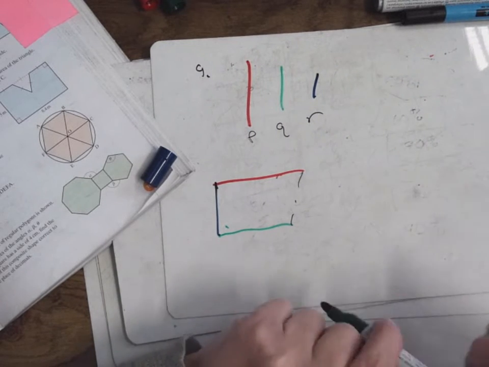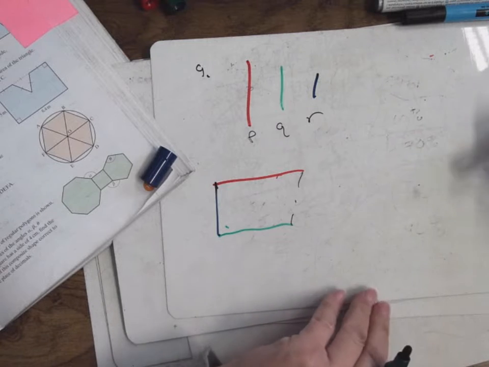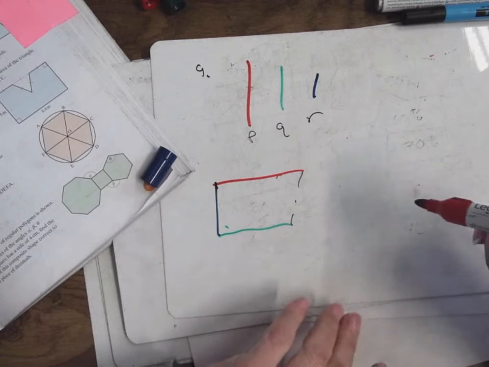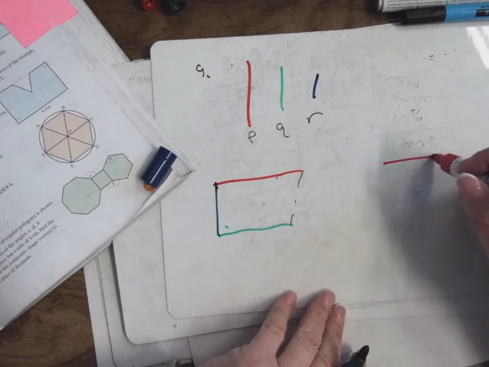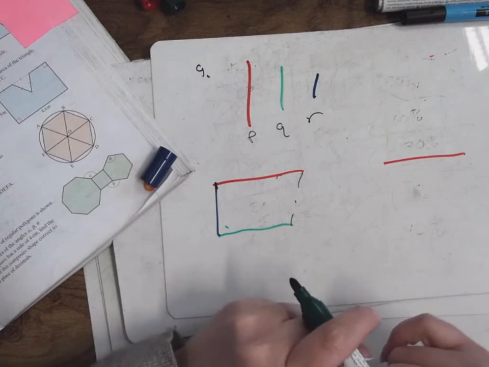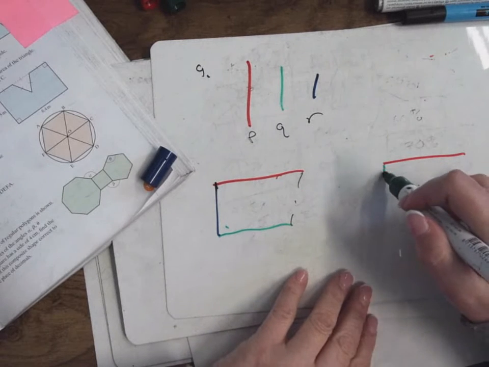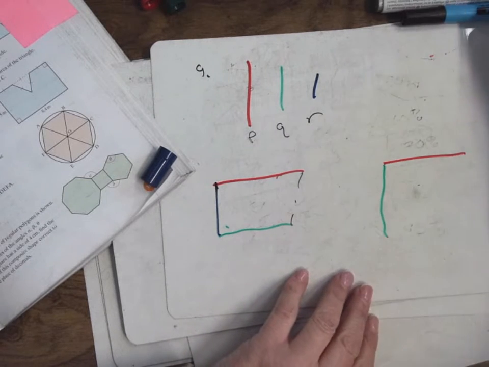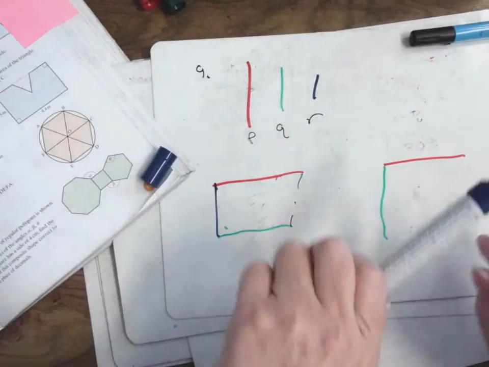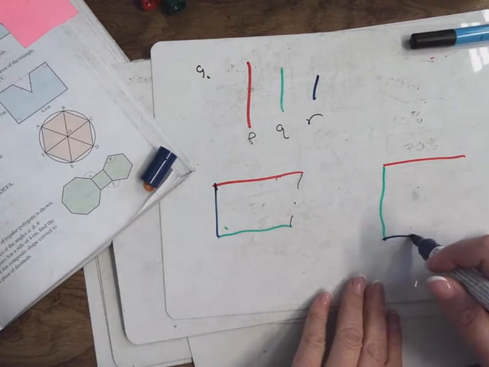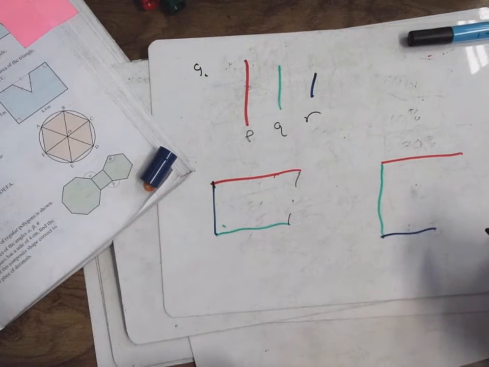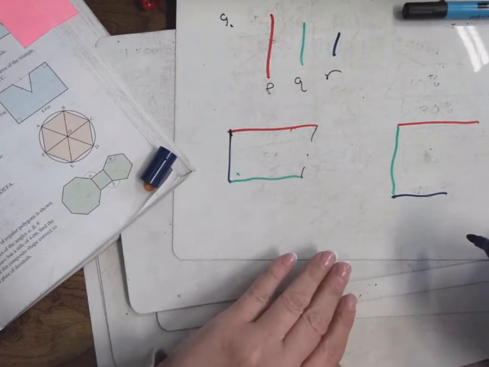Okay, so then we could swap the red and the blue here. So we'll still have the red on top, right? Okay, we'll have the green down the side, and we'll have the blue on the bottom. And the blue is the shortest one. Is that all right? There's a trapezium.